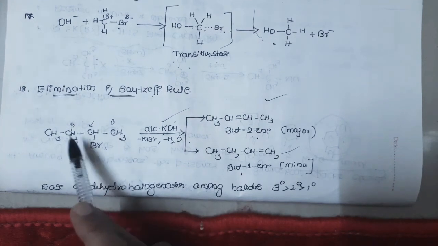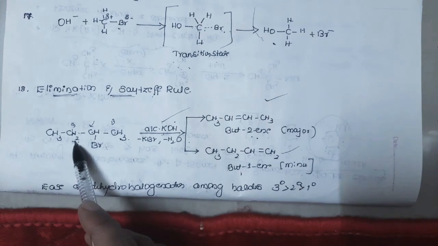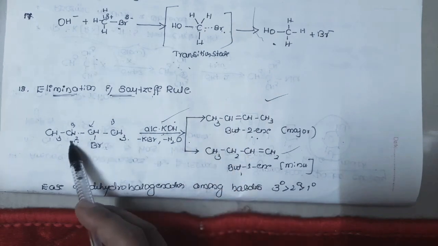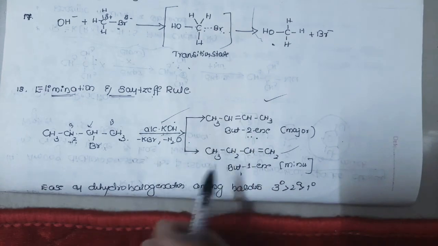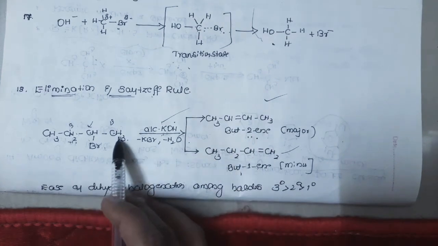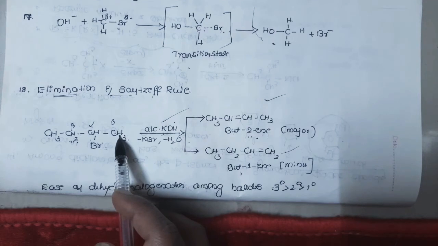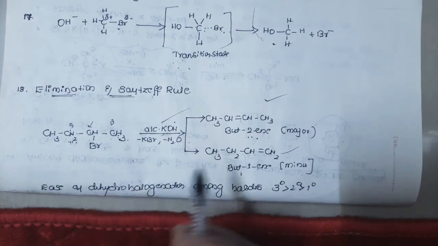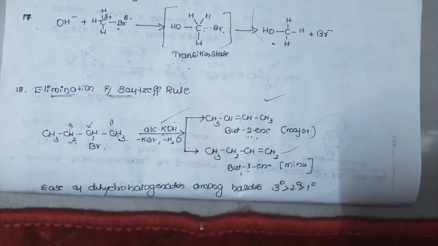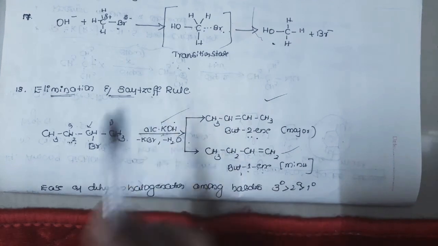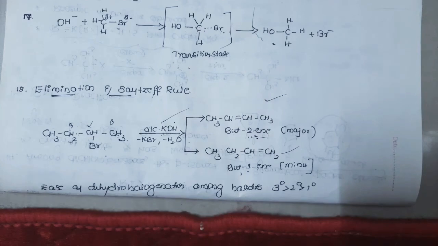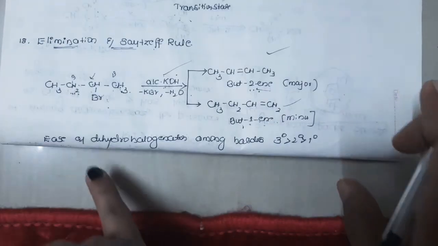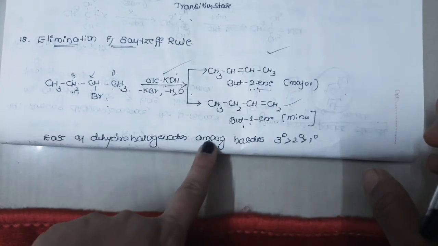We have fewer hydrogen atoms compared to here, so the hydrogen is eliminated from this beta carbon, giving 2-butene, according to the rule. Here the hydrogen is eliminated from the carbon containing more hydrogen atoms, so 1-butene is a minor product. Since 2-butene follows the rule, obviously this will be the major product.